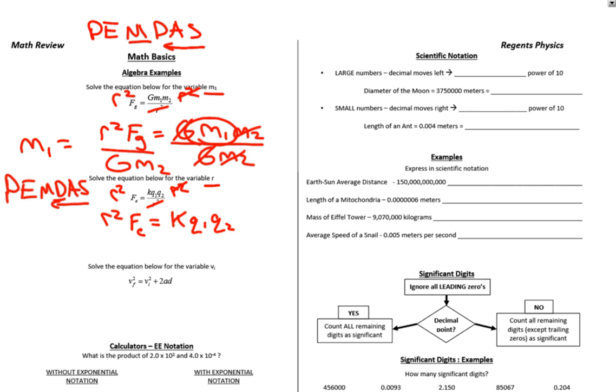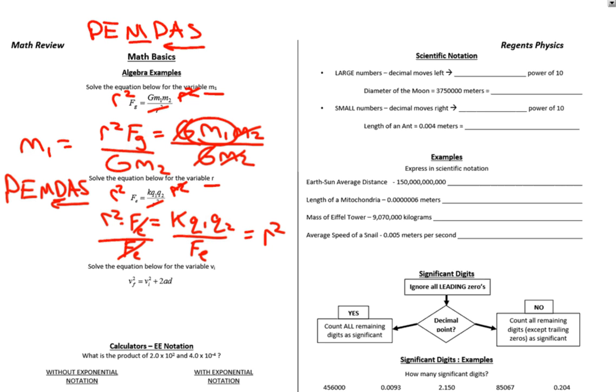So now I can deal with the multiplication. The opposite of multiplying by F sub e is dividing by F sub e, and that cancels out the F sub e on that side. So now I get k q1 q2 over F sub e equaling r squared.